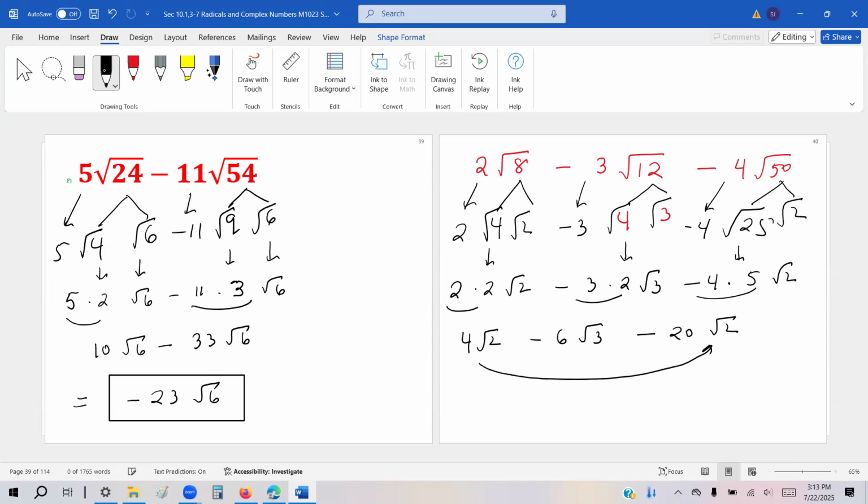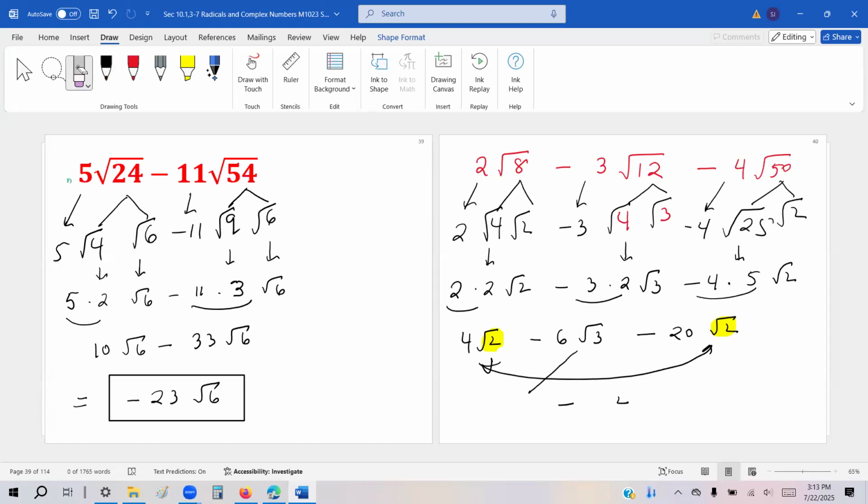These two. These two are like terms because they have the same radical with the same inside. That means we can combine them. They are combinable. So what is 4 minus 20? Negative 16 radical 2.